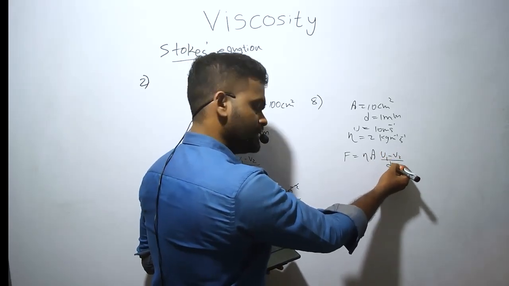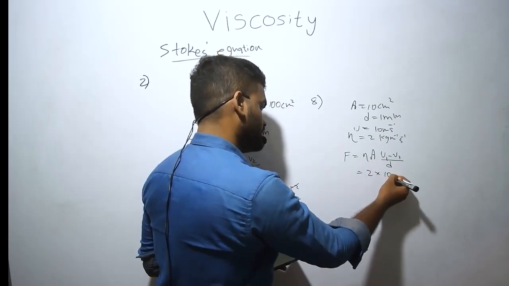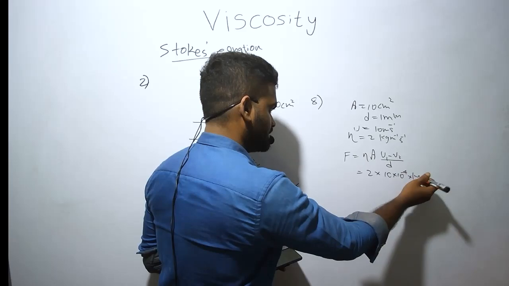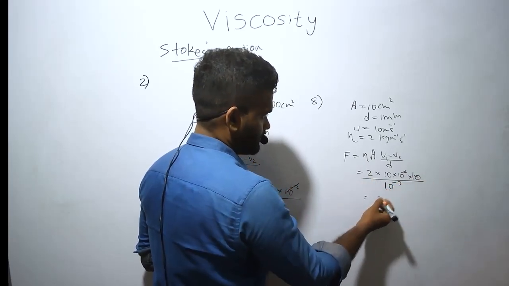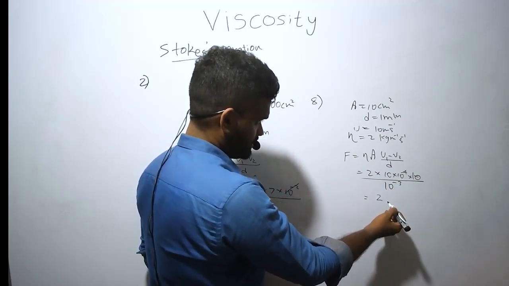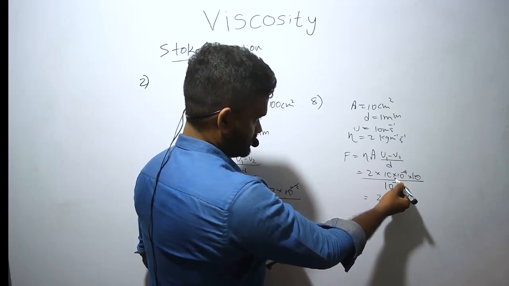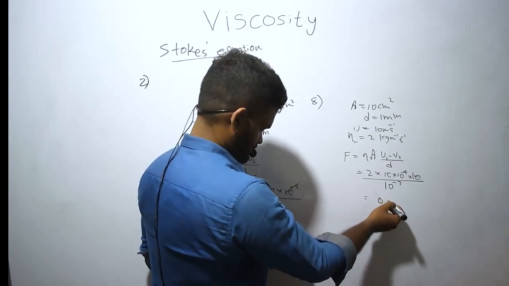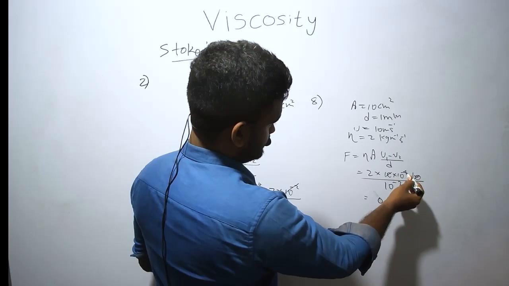V1, V2 divided by D. So eta is 2, area is 10 to the power minus 4, velocity 10, D is 1 millimeter, minus 3. So minus 2, 20, or not 20. No, 0.2, right? 10 to the power minus 2.